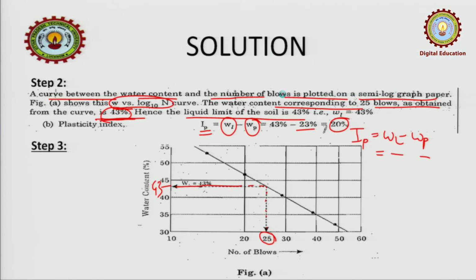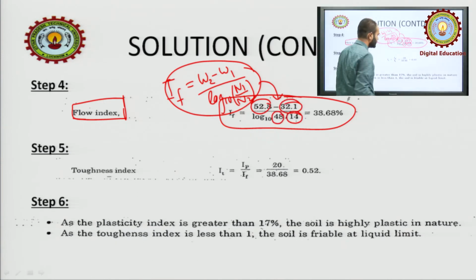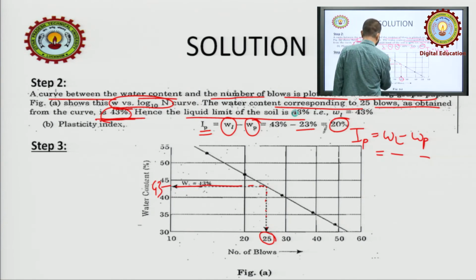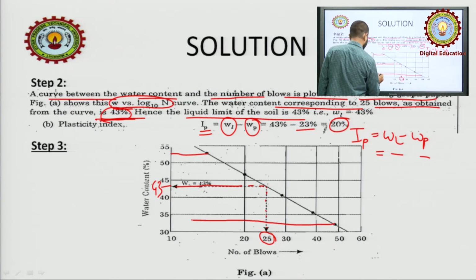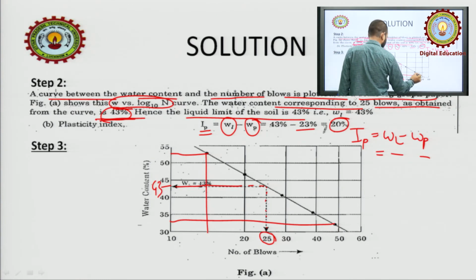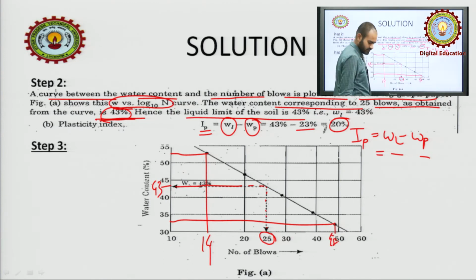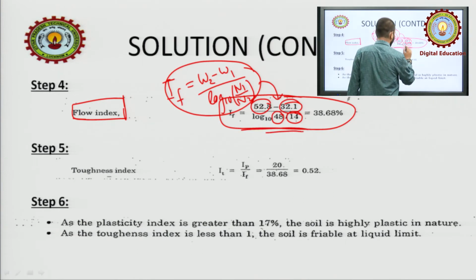Here you can see the parameters: 52.8 and 32.1, and 48 and 14. 52.8 means this and 32.1 means this. Correspondingly, what will be the n values? This is taken as 14 and this is taken as 48. So this was your calculation.